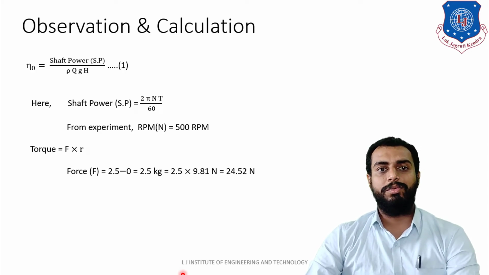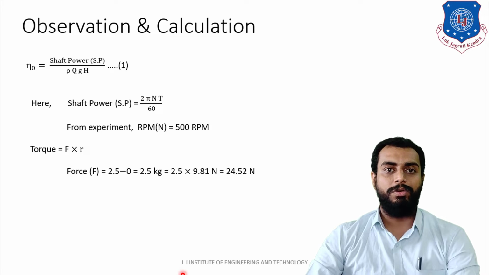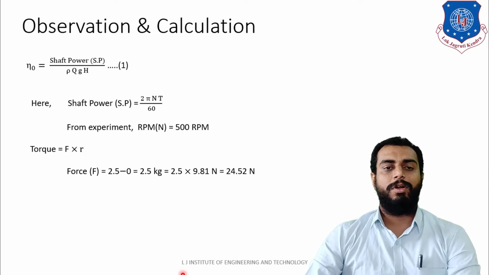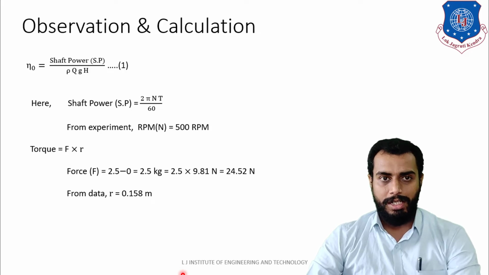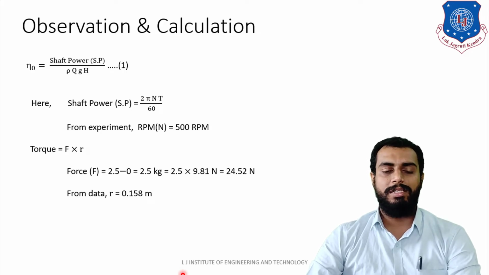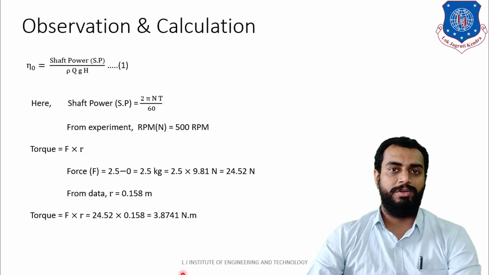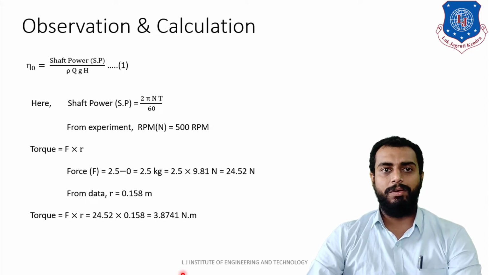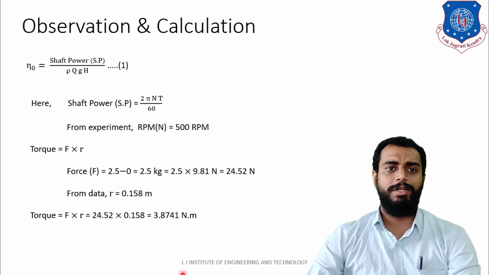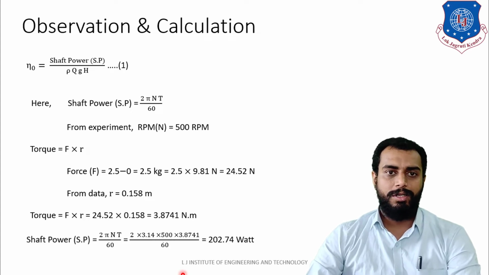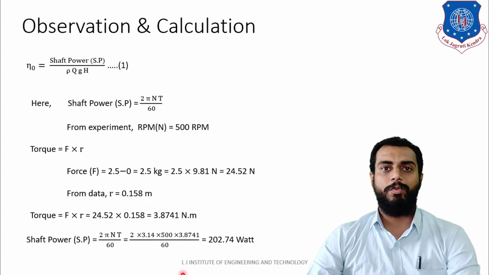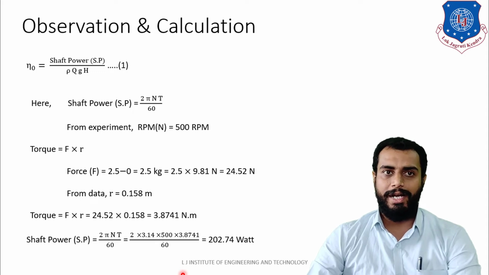So convert it into Newton, so it will be 24.52 Newton. Now from the data, radius is equal to 0.158 meter, right? So you can see the torque is equivalent to how much? 3.8741 Newton meter, right? Now substitute this value in the equation of shaft power. So shaft power will be 202.74 watt, right?